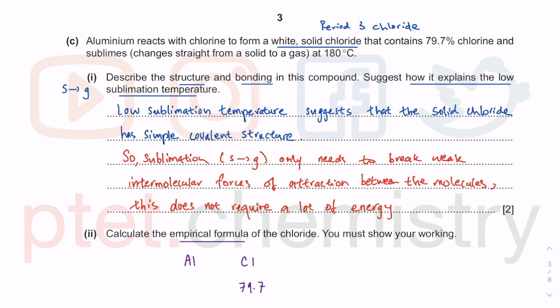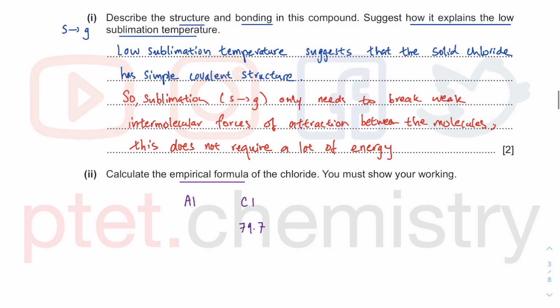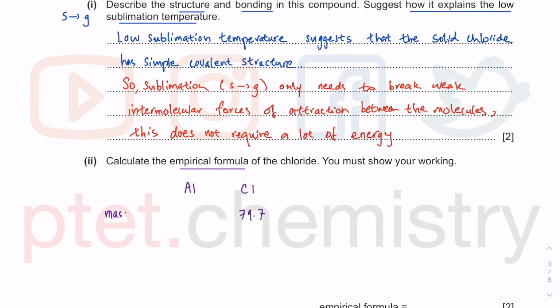This is percentage, and percentage is out of 100%, so this is called mass per 100 gram, because it's essentially the breakdown of the percentage. If you have 79.7% of chlorine and you are a chloride of aluminium, therefore your remaining percentage must be the other atom, which is aluminium. So 100 minus 79.7, I get 20.3.